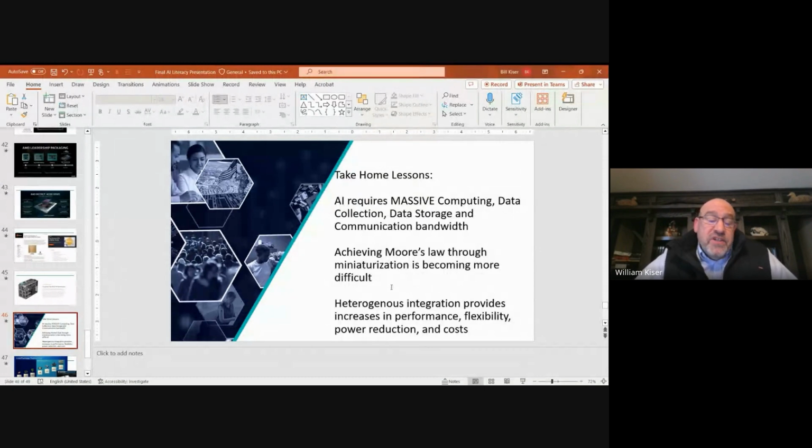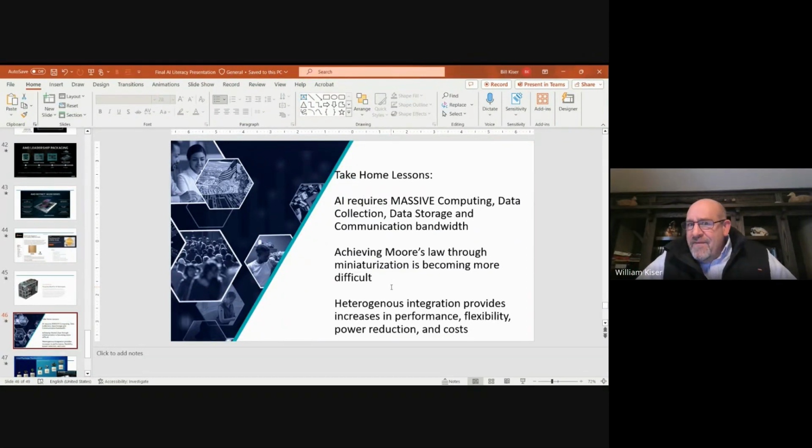So achieving Moore's law through miniaturization, people have been threatening this for years, but we're getting down to the point where it's getting harder and harder, and not necessarily as much harder as more and more expensive. A $1 billion fab at 7 or 10 nanometers costs billions and billions, maybe 10 to 15 billion at 18 angstroms. So the smaller you get, the prices go up exponentially.